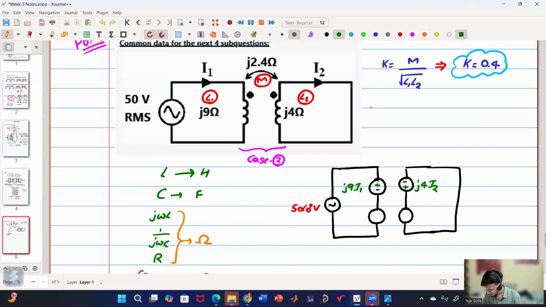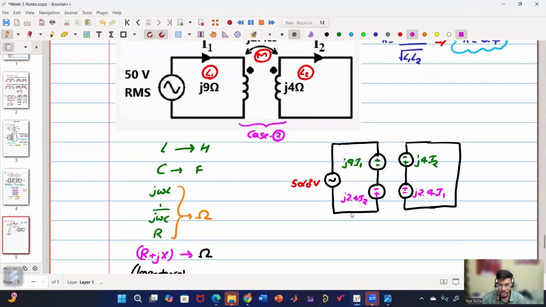Now coming to the mutual inductance part, it will be opposite polarity. Plus is on the bottom, because it's opposite, case 2. So if plus is on the top for the self-inductance, here it will be bottom, with value j2.4 I2. And here it will be plus on the top, j2.4 I1.